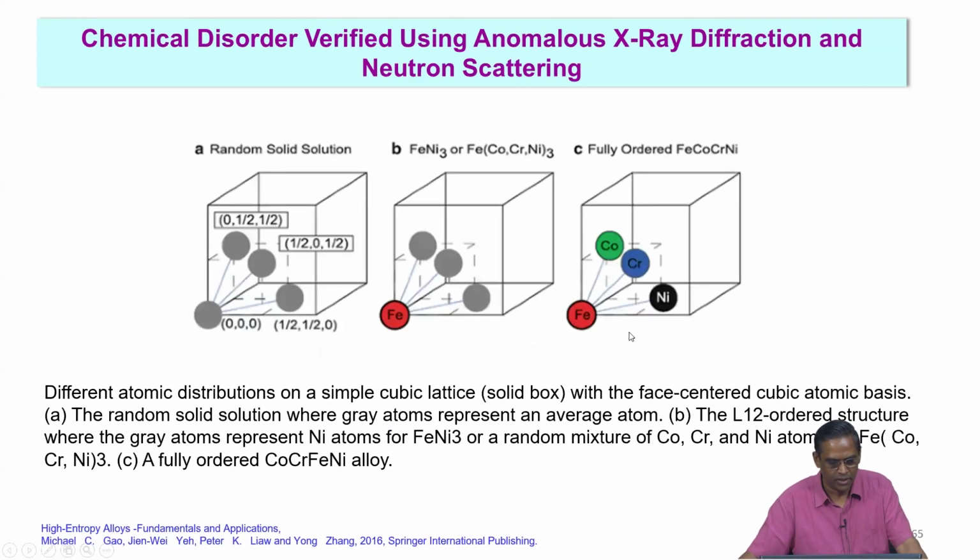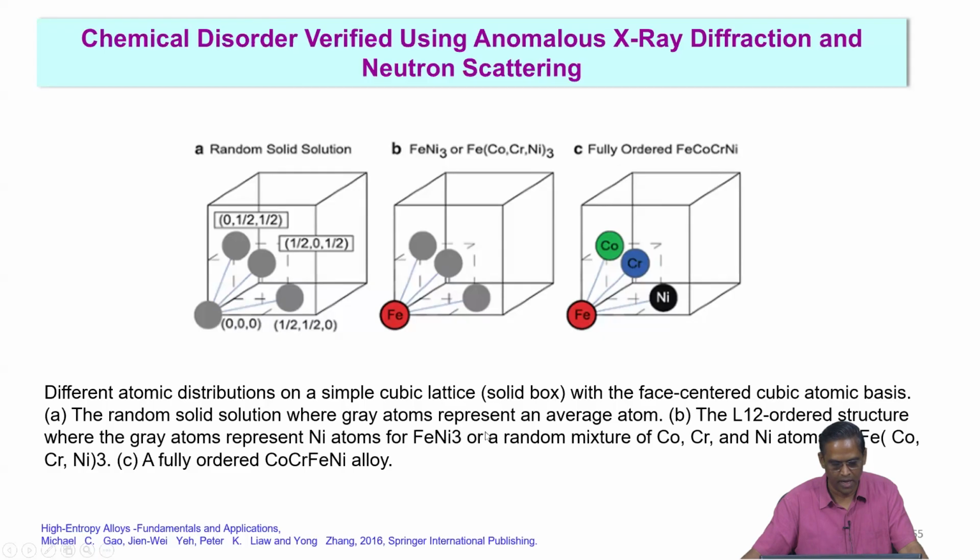So, you can have three types of solid solution, which you know already. You can have a random solid solution where all the atoms can occupy the normal lattice, or you can have an L1-2 ordered structure where the gray atoms represent nickel atoms for FeNi3, or a random mixture of chromium, cobalt and nickel atoms for iron.